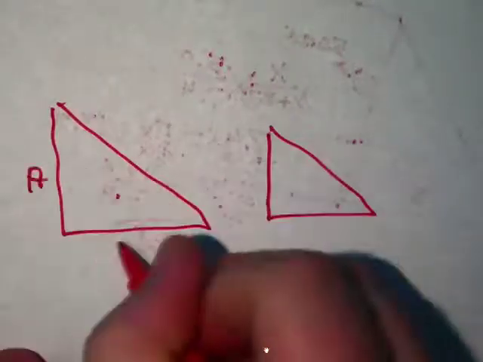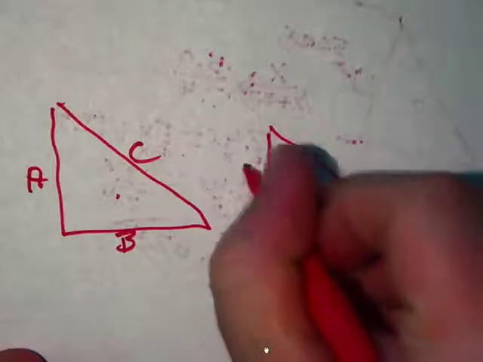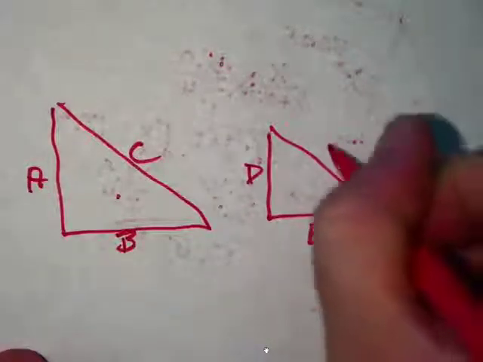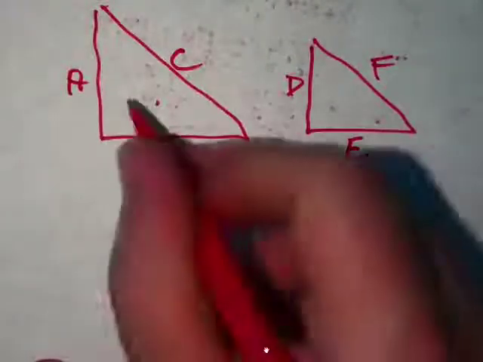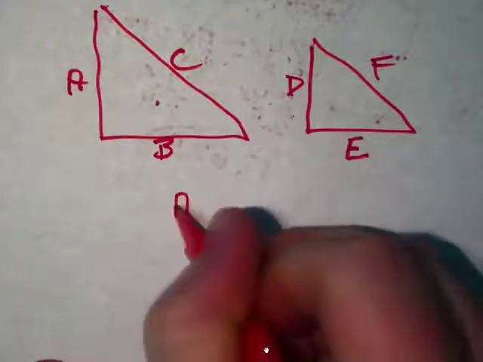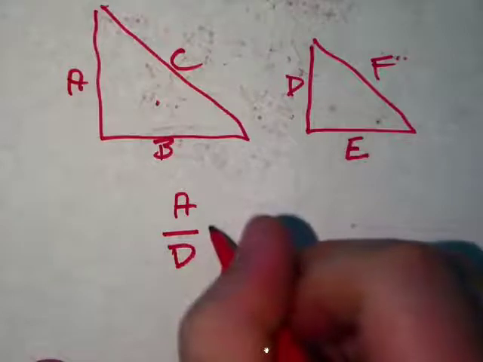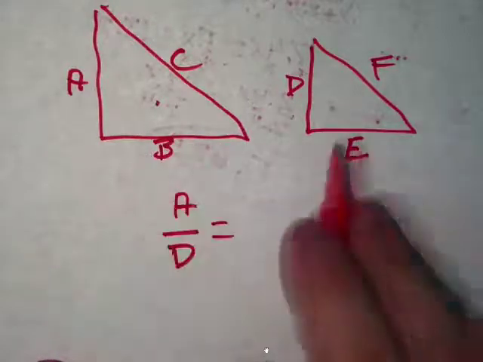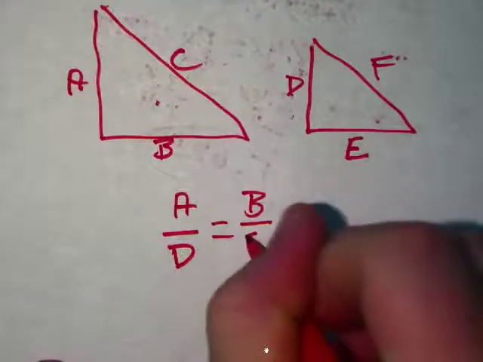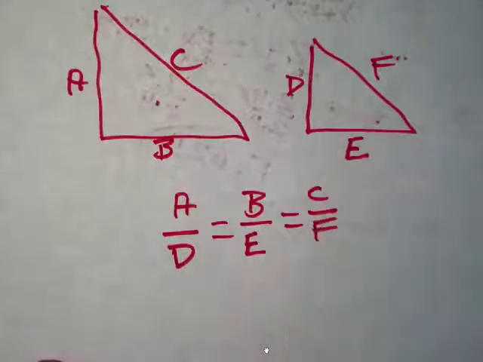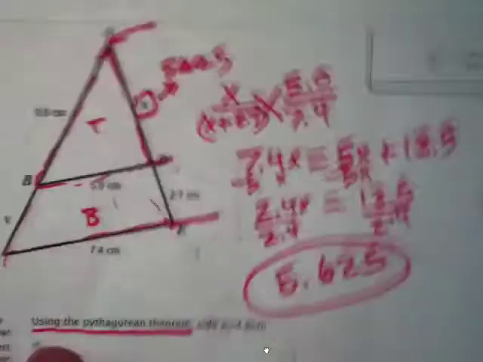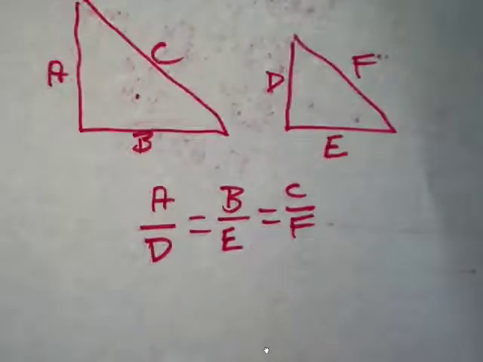We have A, B, C, D, E, and F. To find similar sides, you just find ratios, like A is to D, and that should equal B is to E, and that should equal C and F. That's why we end up with the equal when we do the cross multiplication. All of those need to be the same.